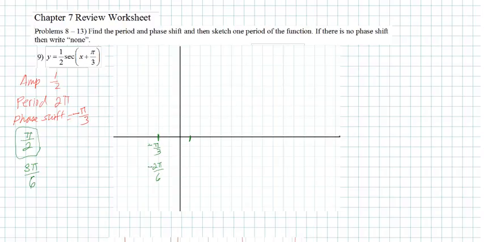Negative 2 plus 3 is 1, so it's pi over 6. So I'm going to add another 3 pi over 6 to this one. So 1, 2, 3. So it would be right here. So that'll be 4 pi over 6. But if you simplify, it's 2 pi over 3.